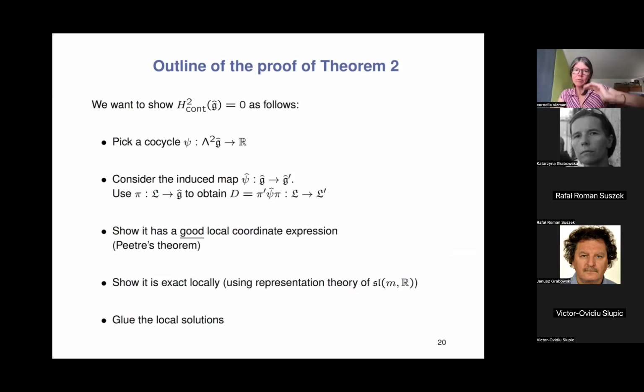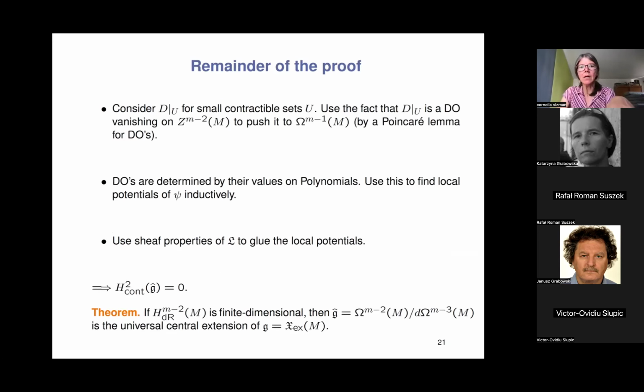The proof goes inductively on degree. We use polynomial vector fields, homogeneous of higher and higher degree, and then finally we find this local potential.